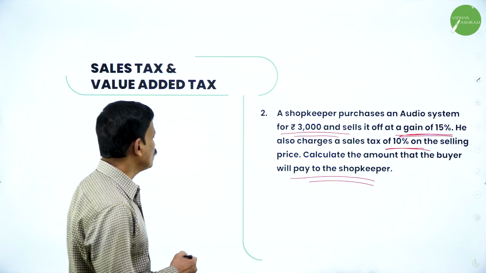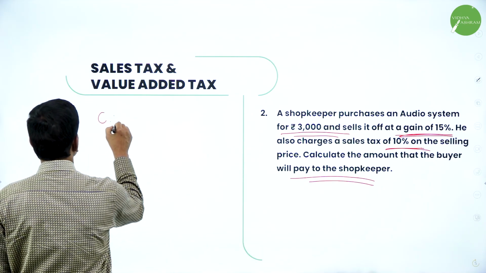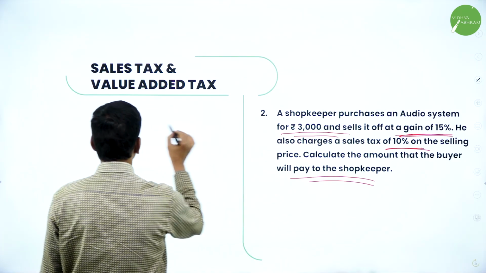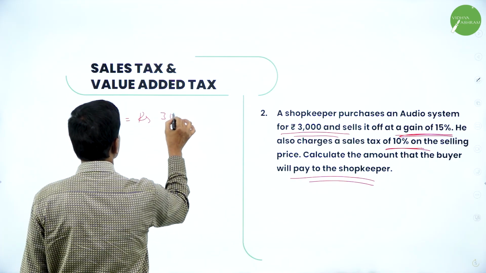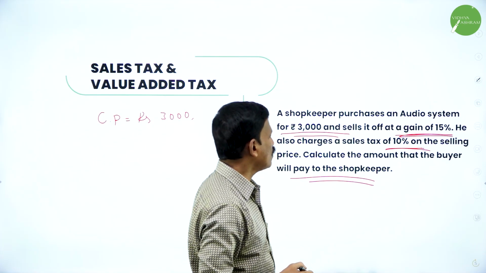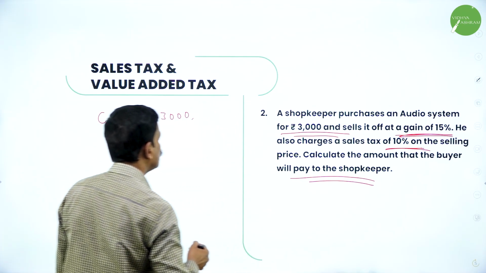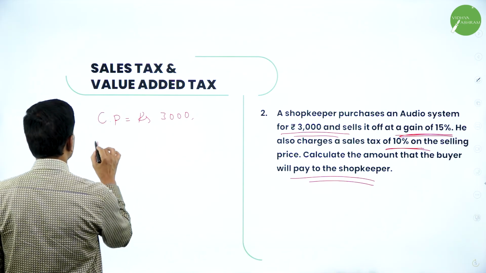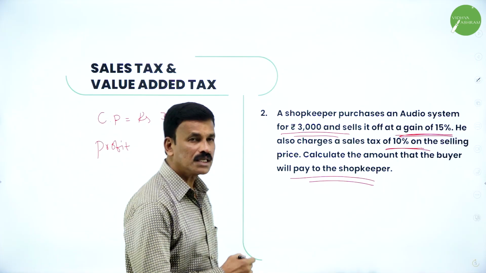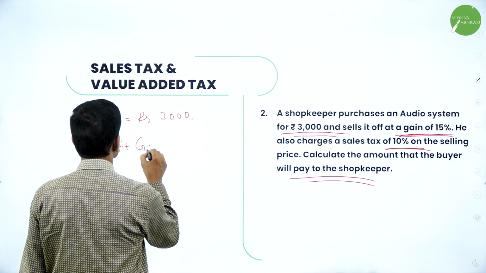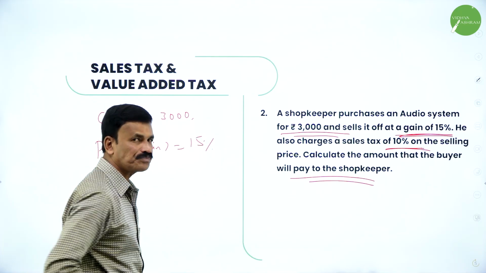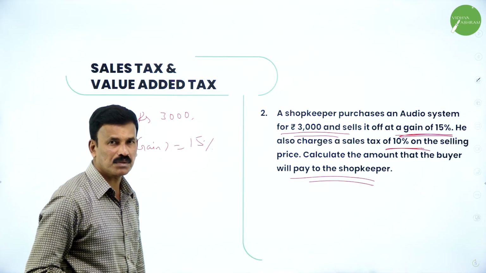Right. Now, what is given? The cost price is equal to rupees 3,000, the price at which the shopkeeper purchases the audio system. And he sells it at a gain of 15%. So here the profit, that is nothing but the gain, is 15%.